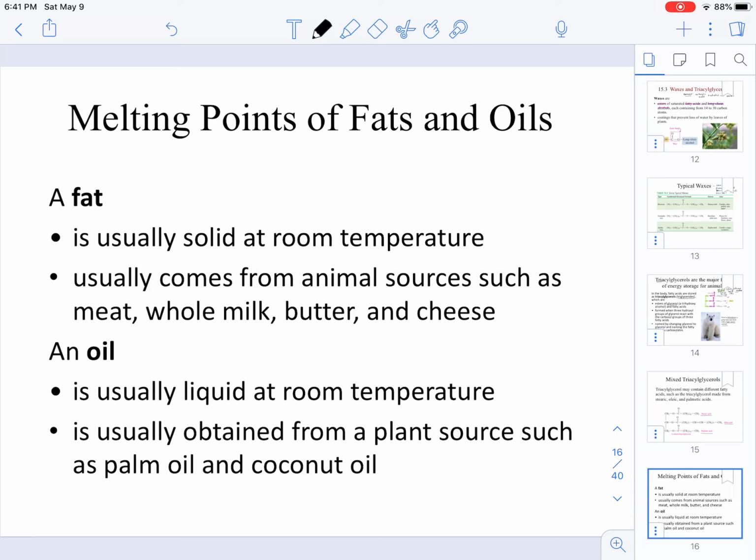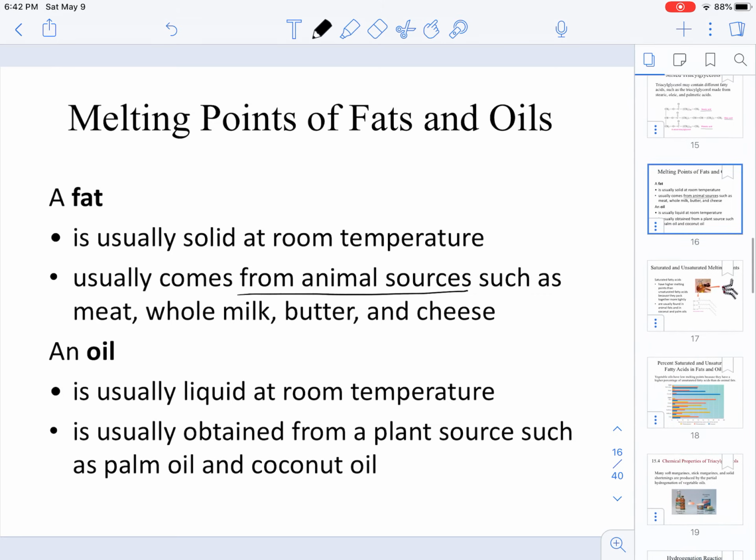A fat, by definition, is usually solid at room temperature, and we consider something a fat because it comes from animal sources. Some examples of things that contain fat are meat, whole milk, butter, and cheese. An oil, on the other hand, is usually liquid at room temperature, and it is usually obtained from a plant resource. So that's why we have palm oil or coconut oil.